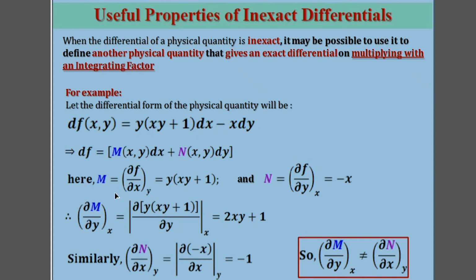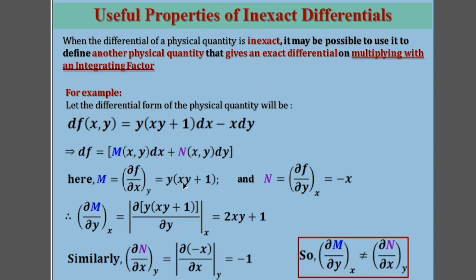To find out whether it is inexact or exact, I differentiate M with respect to x, keeping y constant. What is that going to become?